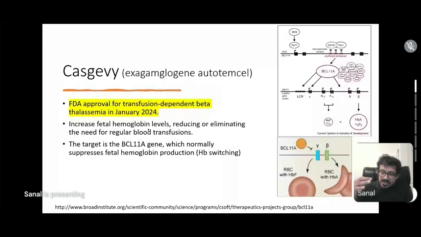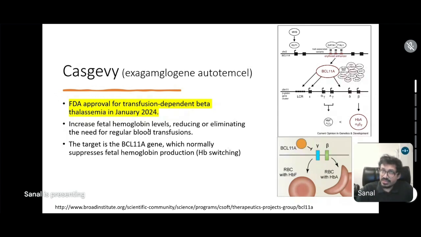So fetal hemoglobin is suppressed when we become adults. What they have cleverly done is to bring back the fetal hemoglobin in those people who are suffering from beta thalassemia. This means instead of hemoglobin A, they will start producing hemoglobin F, which is fetal hemoglobin.